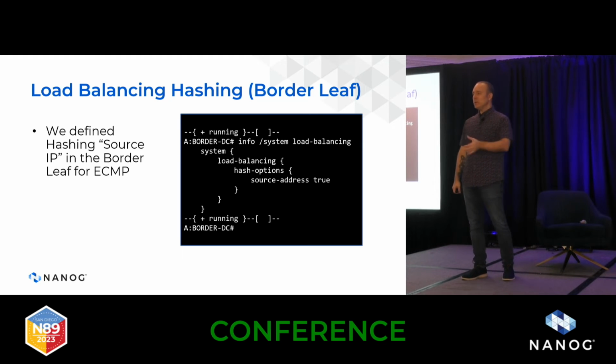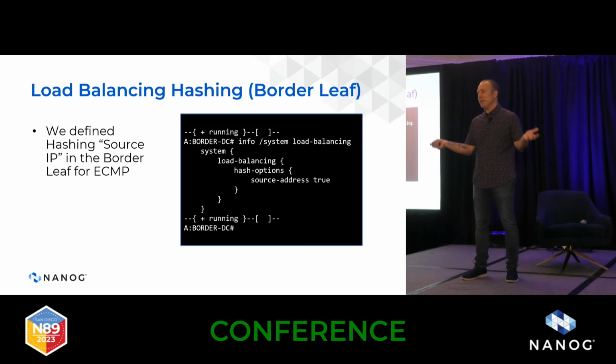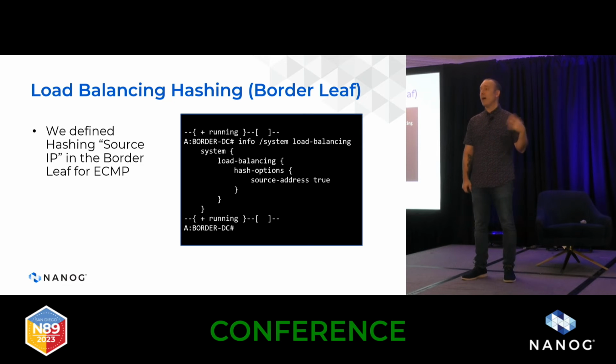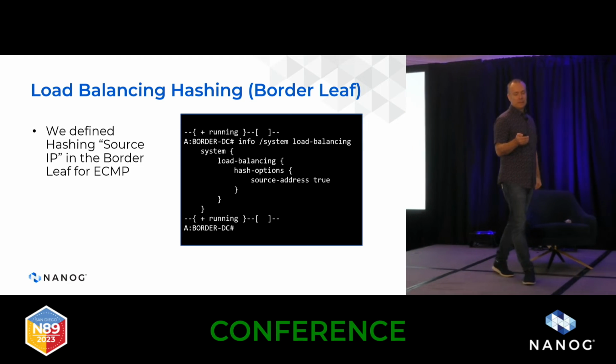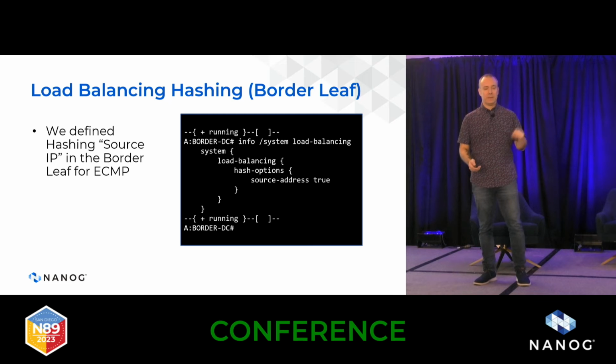This is only because this is a container. In the case of hardware, it's going to work right away. But because it's a container, you can use hashing based on hardware for your ECMP. So in this case, I only define my source address as my hashing method to spread the traffic in my fabric.